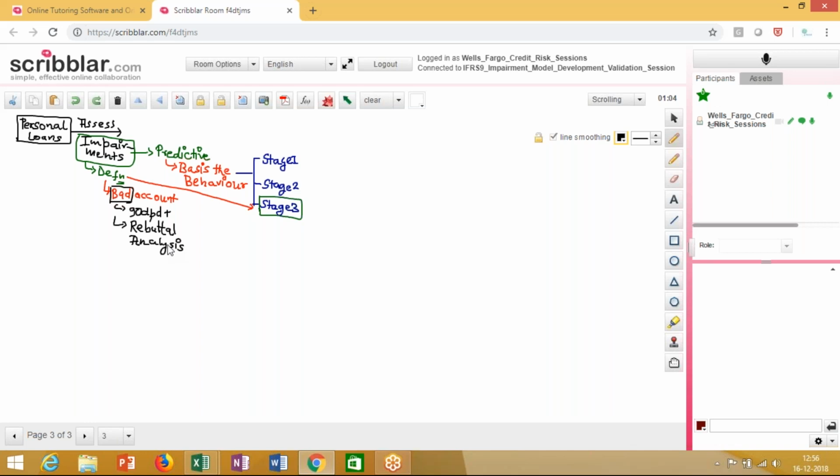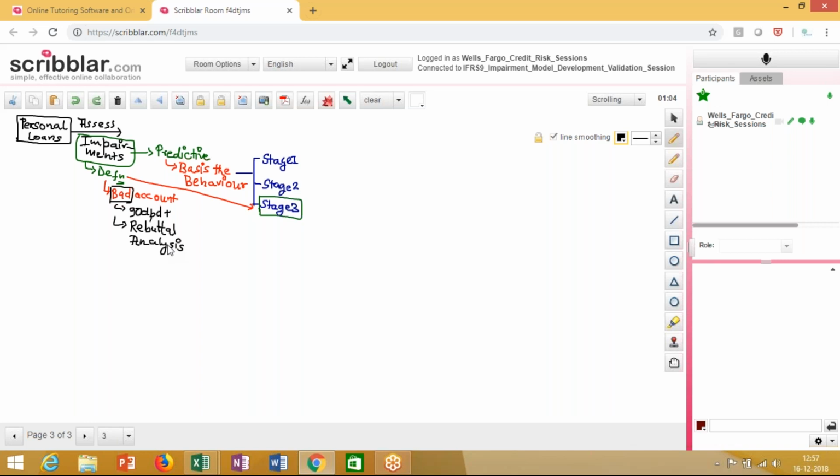If it's something very different from 90 days, you perform an analysis and rebut the definition of 90 days past due. Otherwise, you can just go ahead and compute it at 90 days past due, right?